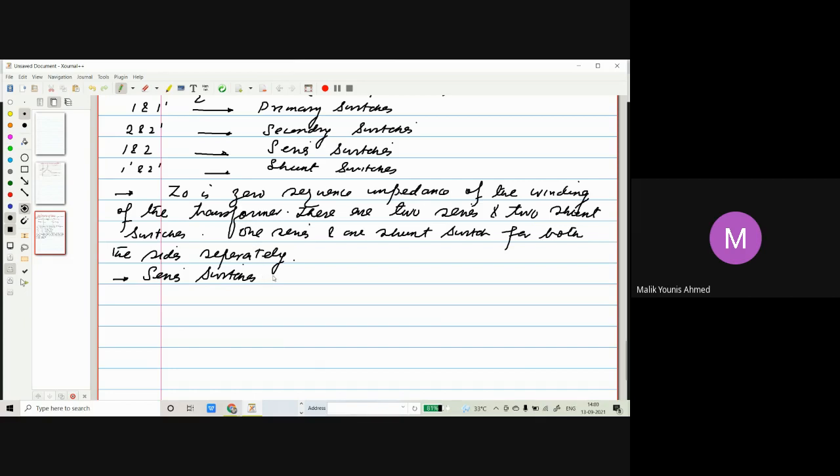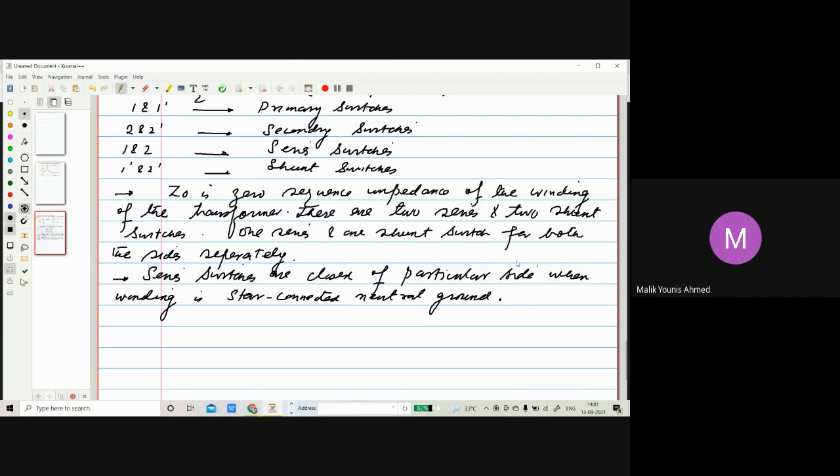So whenever you are drawing a zero sequence network, if any side has the combination star connected, neutral grounded, then the series switch on either side will get closed.